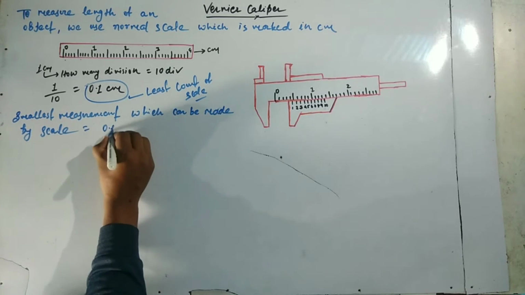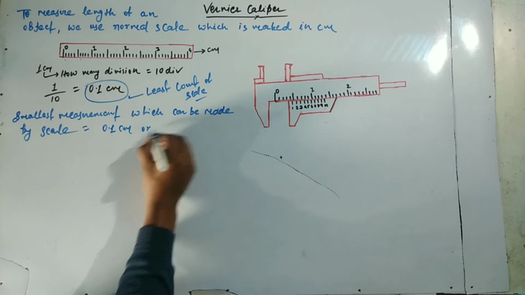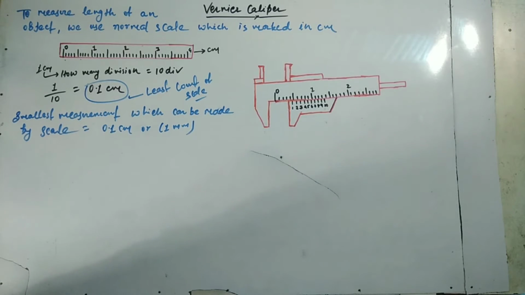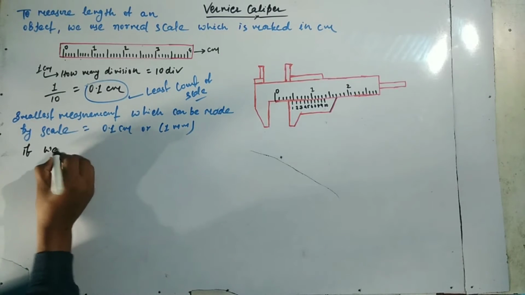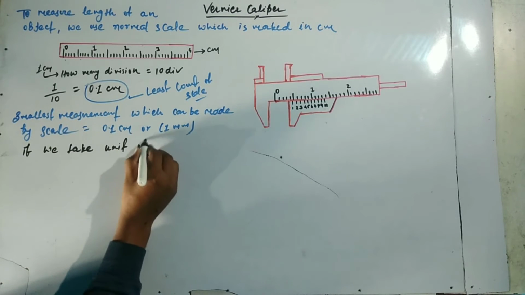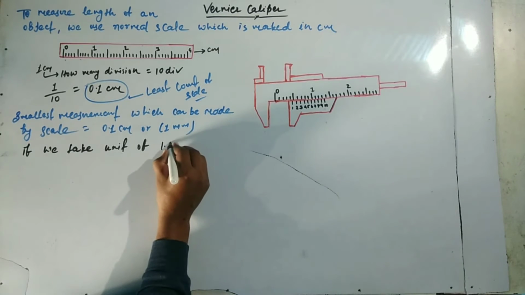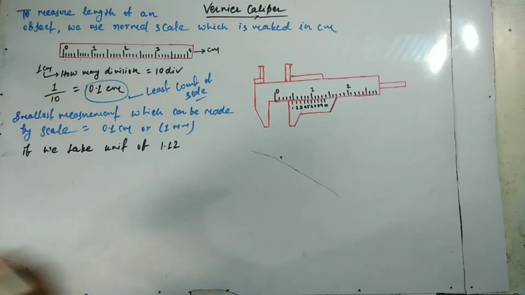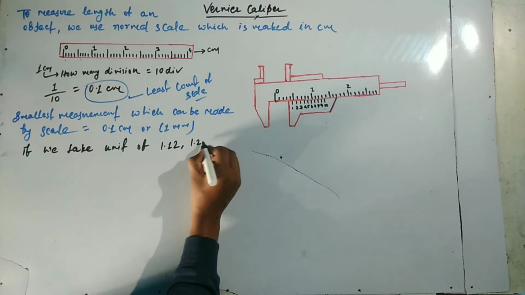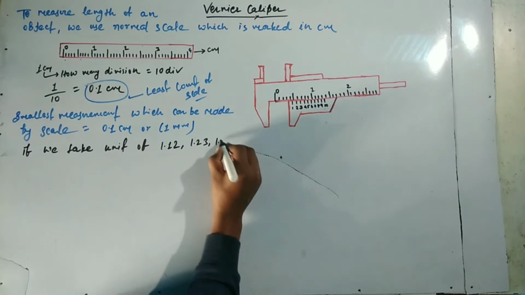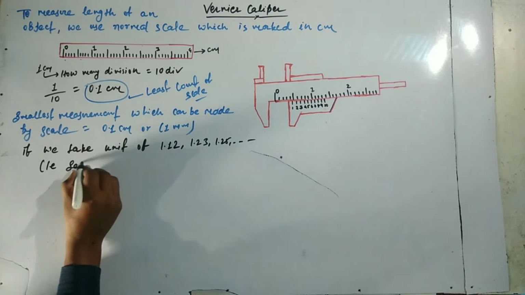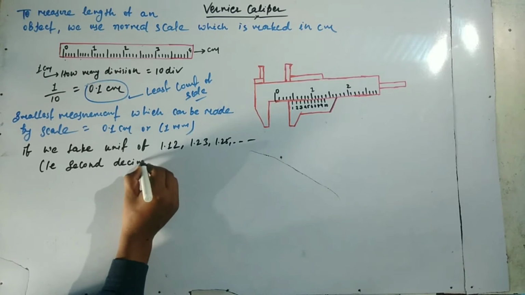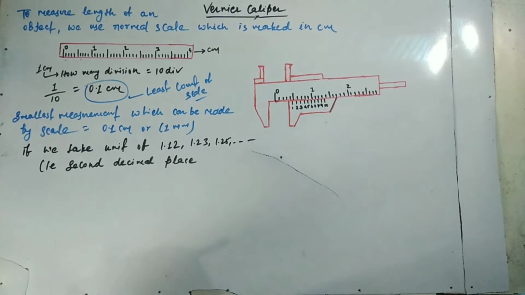Now why do we use the Vernier scale? If we want to measure the second decimal place, for example 1.12 cm, or 1.23, or 1.25 and so on, the normal scale can't measure that unit, because it is a second decimal place.